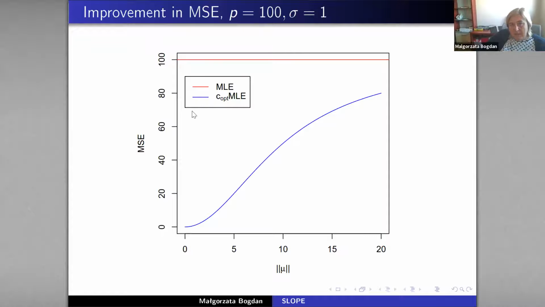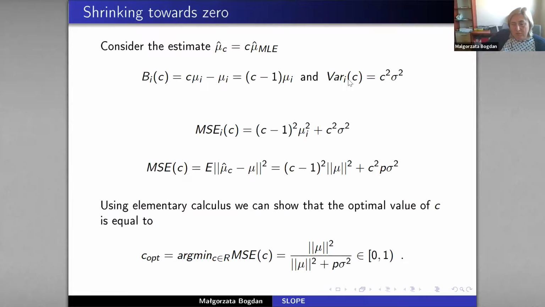And now if you use this improved estimator, your mean square error can be very close to 0 when mu is 0 and is systematically below the mean square error of the maximum likelihood estimator. So you introduce a bias, but your variance is c squared times smaller than for the maximum likelihood estimator. And as a result, you get something which is better in terms of mean square error.